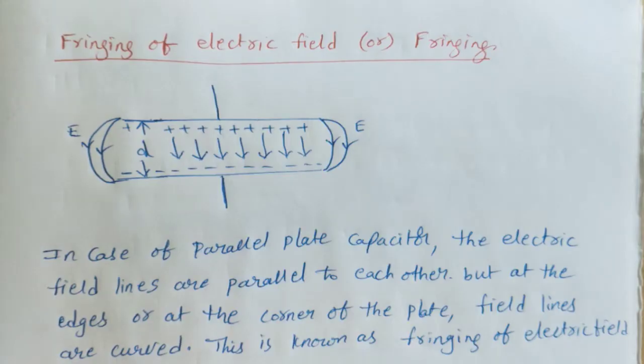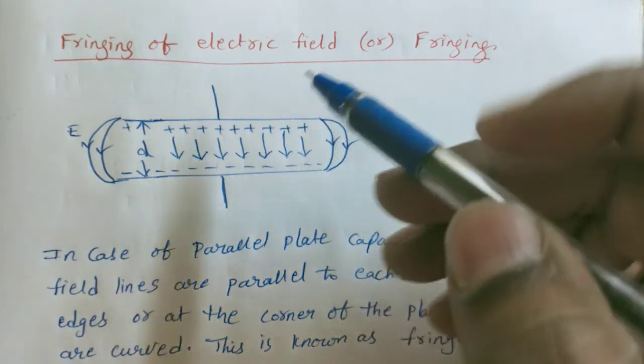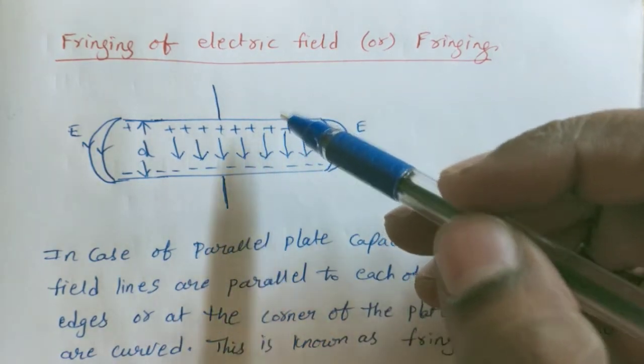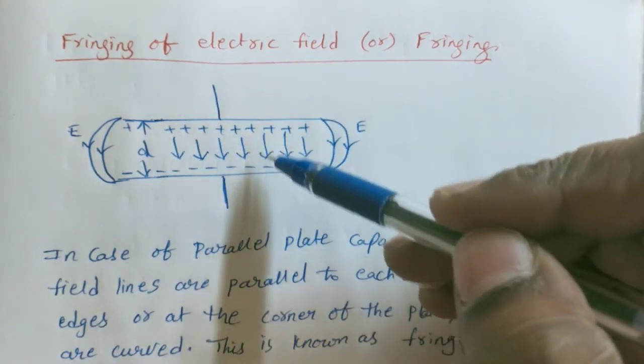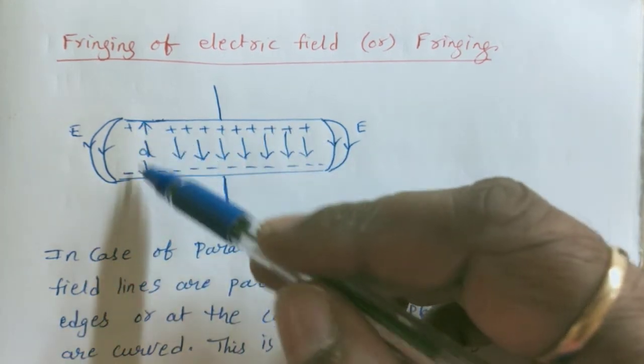Next, in between parallel plates, one more concept we want to discuss is the fringing of the electric field, or simply fringing. Till now we have not yet discussed a few things in the last concept. For example, this is one parallel plate capacitor. In it, two plates are separated by a small distance d.